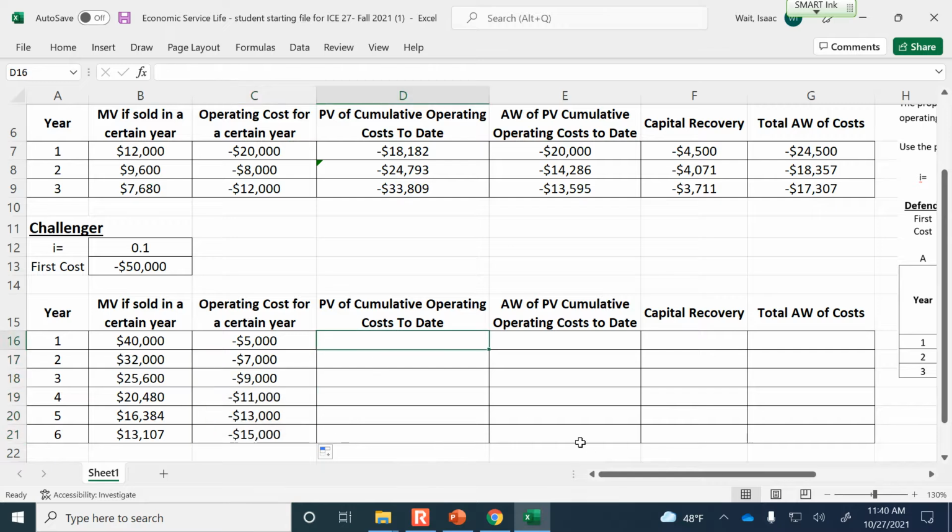All right. Present worth of the cumulative operating cost to date. So I'm doing the NPV function. What goes in is the interest rate. And then if I own it for 1 year, I only had 1 year of operating costs.